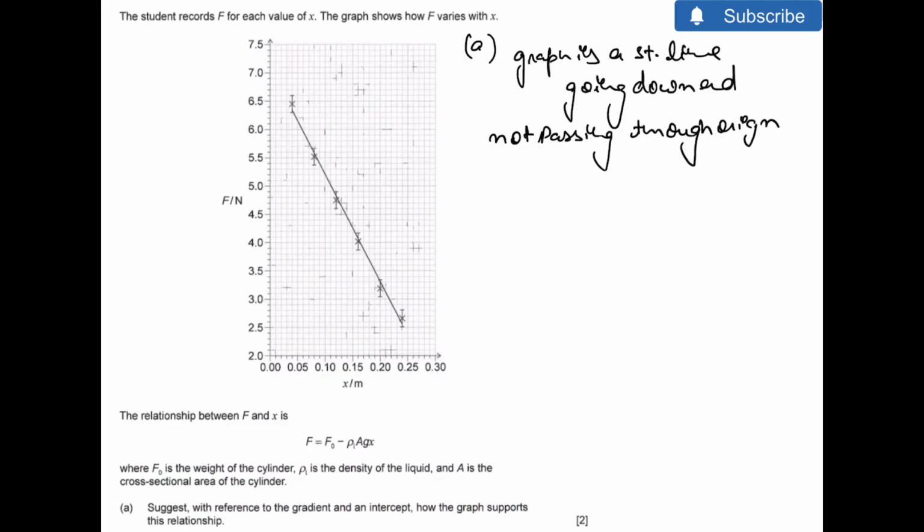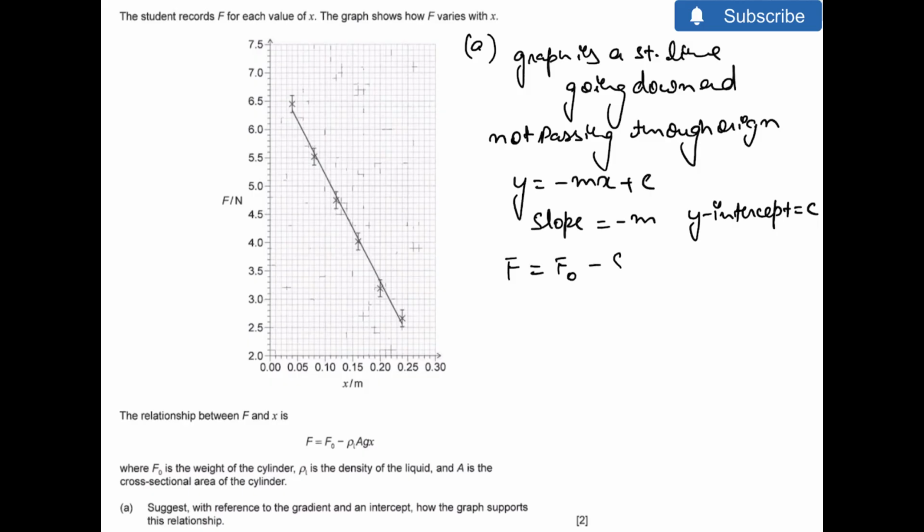We know that for a line which is going in the downward direction and not passing through the origin, the equation is y = -mx + c. Therefore the slope of this line is negative, it is -m, and the y-intercept of this line is positive, that is c. If we compare this with the equation F = F0 - ρL A g x, we can see that this equation follows the straight line equation of a line going down.